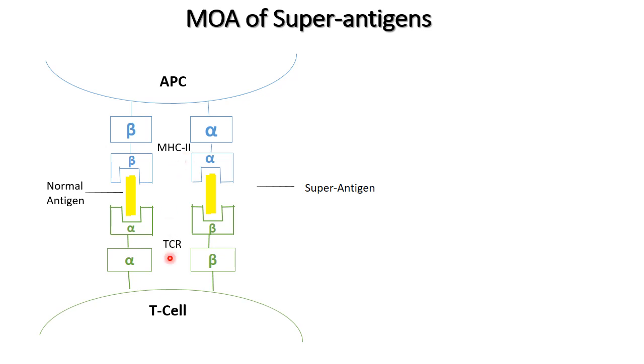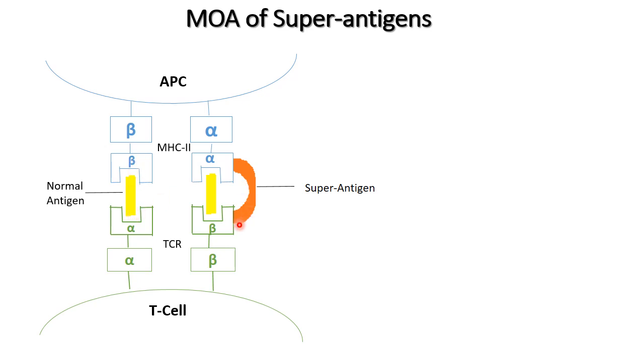For what? For activation of T cells. So in this case, the specific T cells for that particular antigen will be activated. Okay, so that's in a normal immune reaction, such that the T cells that will be activated will be only a percentage of 0.01.